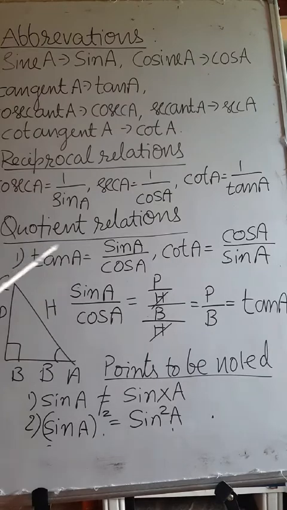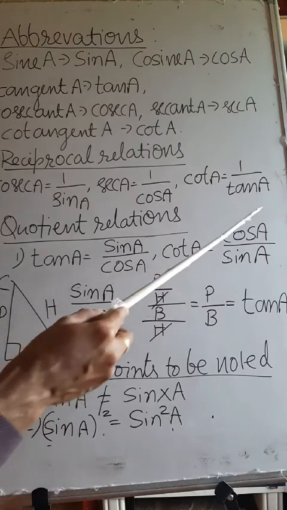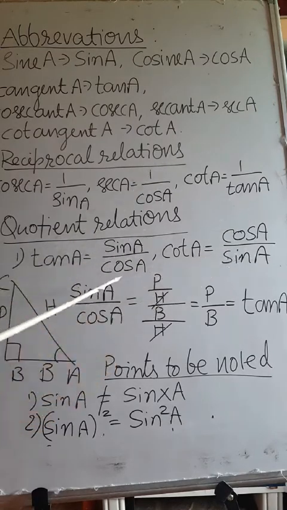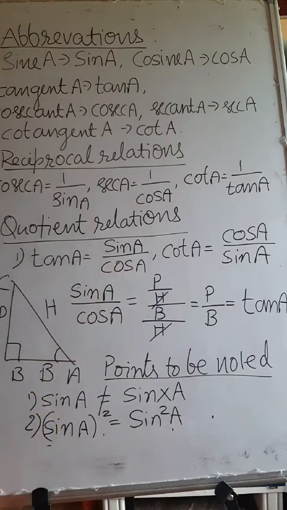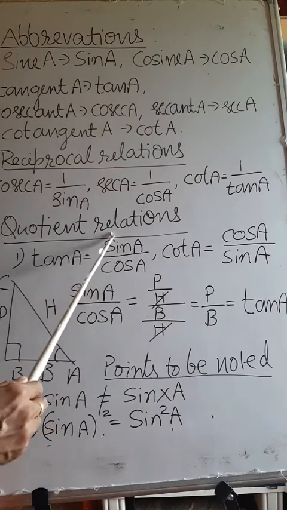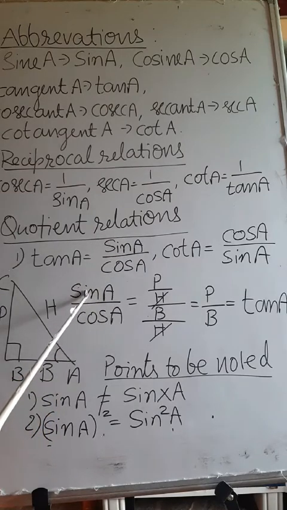So tan A can be written as sin A by cos A. Cot A is a reciprocal of tan A, therefore it can be written as cos A by sin A. This is also very important while solving proving sums. Let me give you one proof, another one you can try. How can you tell that tan A is the ratio of sin A by cos A? Let us consider this ratio, sin A by cos A. What is sin A?